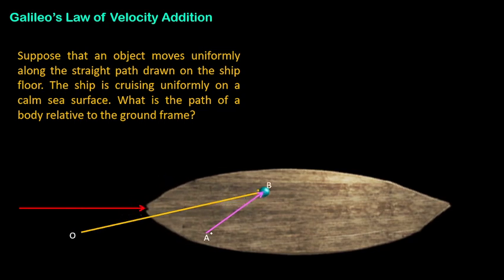So the object moves along the path from A to B on this arrow on the ship floor, but the path of the object relative to the ground is shown by this yellow arrow.